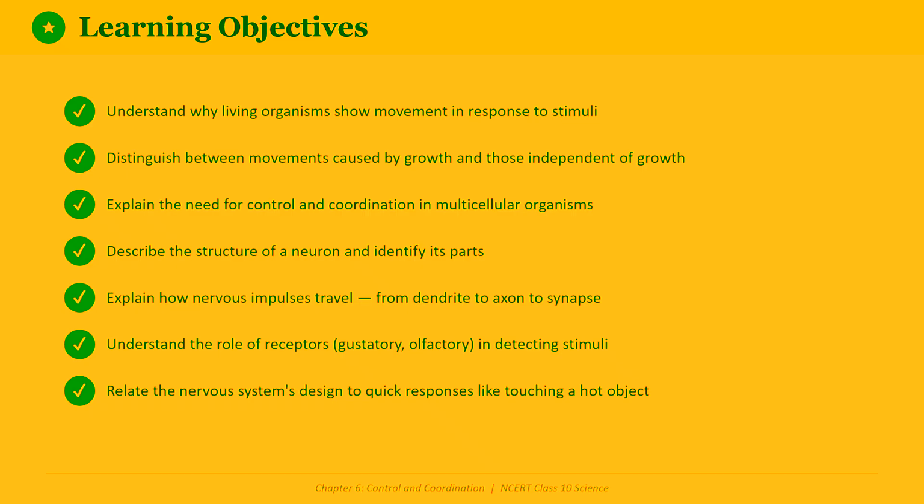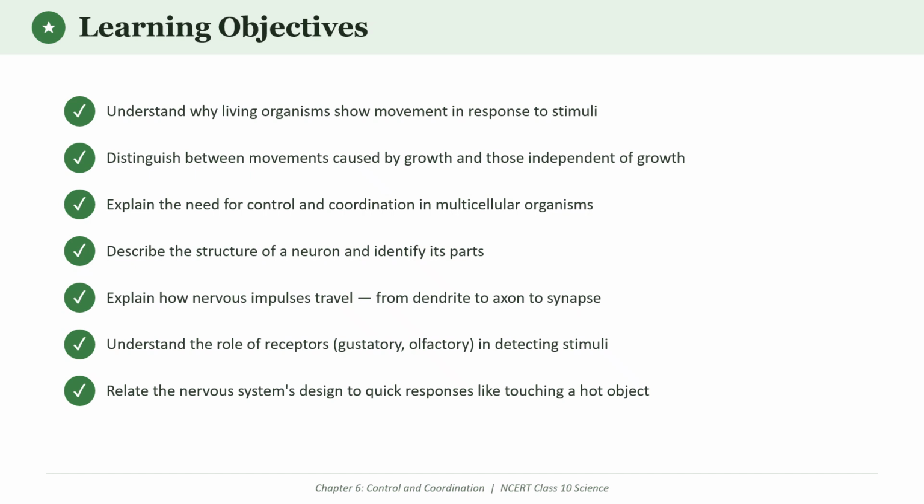In this chapter we are going to study why living organisms show movement in response to stimuli, and also distinguish between movements caused by growth and those independent of growth, and explain the need for control and coordination in multicellular organisms, and describe the structure of a neuron and identify its parts, and explain how nervous impulses travel from a dendrite to axon to synapse, and also understand the role of the receptors in detecting the stimuli, and also relate the nervous system designs to quick responses like touching a hot object.